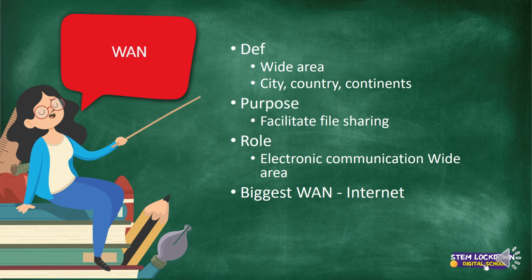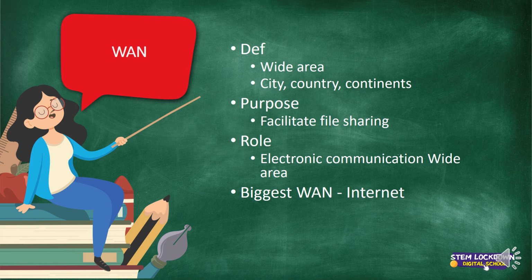That's as easy as that. That's the purpose of a wide area network, just to do file sharing. Role, it is electronic communications worldwide. And then the biggest WAN ever created was the internet.